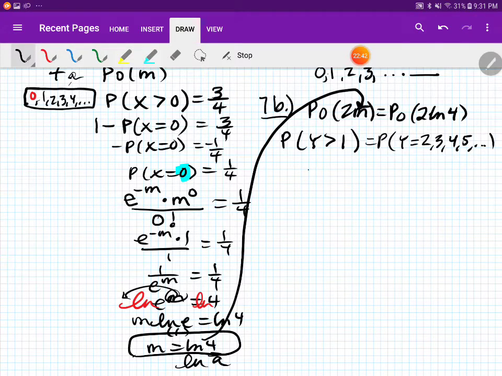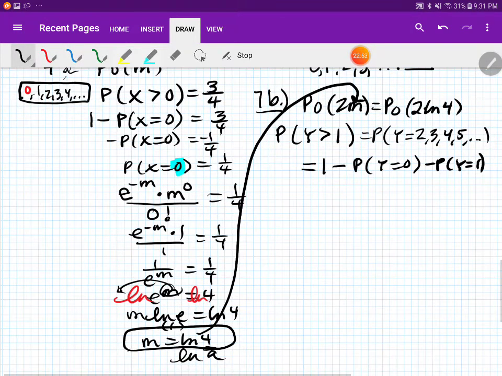So this is going to be 1 minus the probability that y equals 0 minus the probability that y equals 1. You could either subtract them individually off or put a big parenthesis and then a plus. Not on the calculator section.